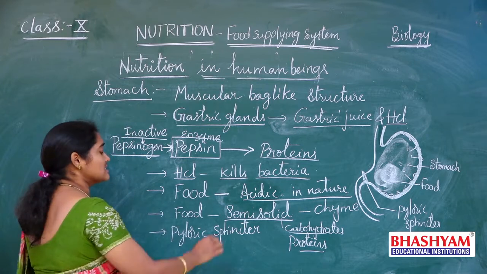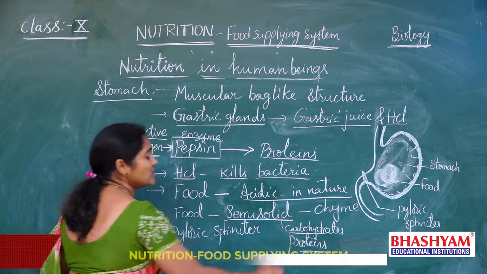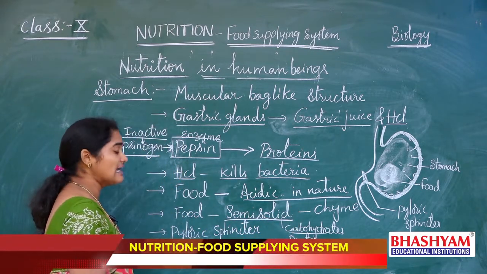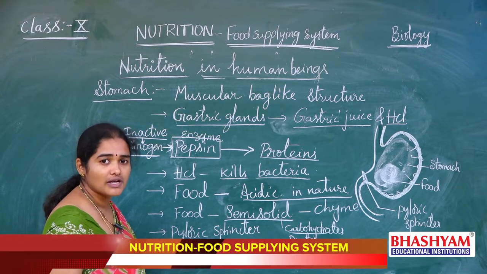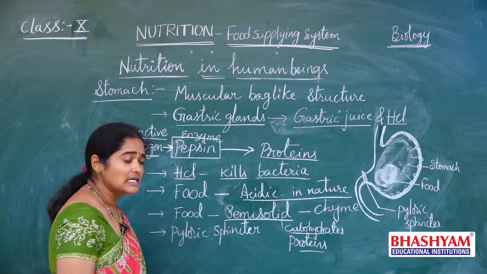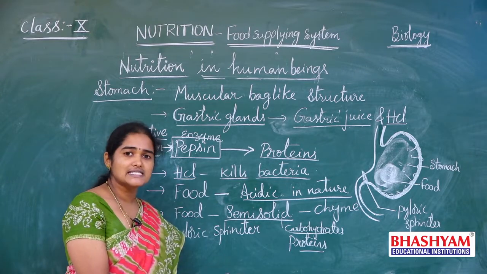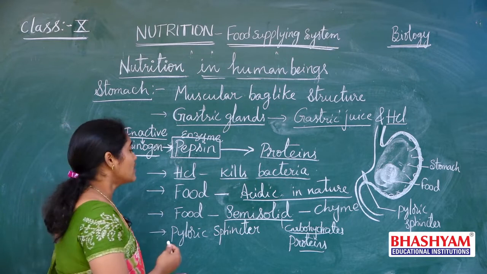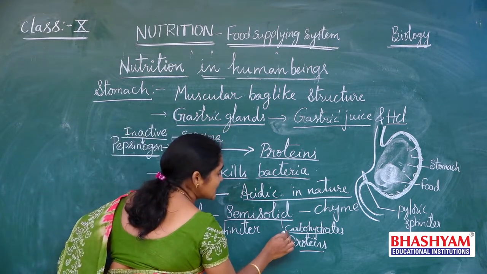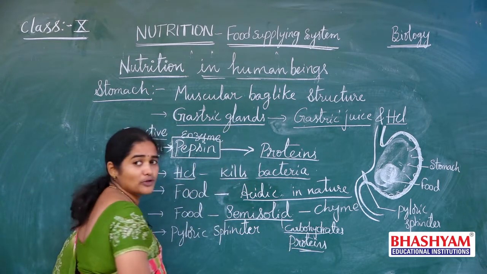That's why the semi-solid form of food is formed, not completely a liquid form or completely a solid form. Why did it become semi-solid? Because of the partial digestion of carbohydrates and proteins.